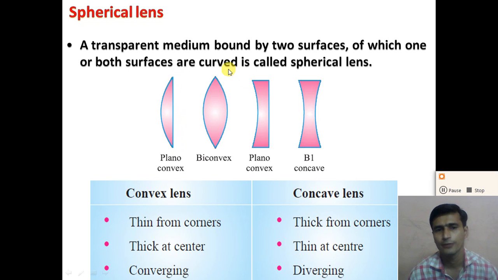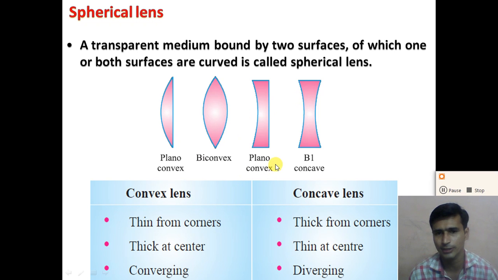But if both surfaces are curved outward, this type of spherical lens is called a biconvex lens, or we can say a simple convex lens.